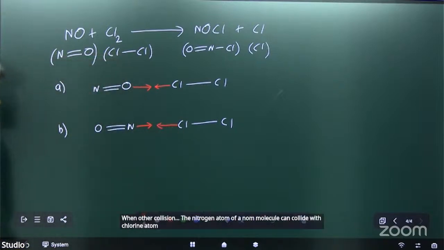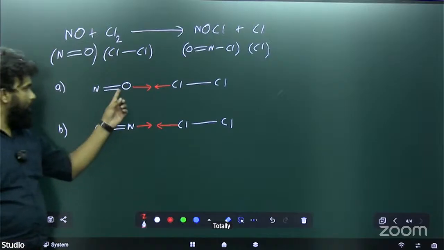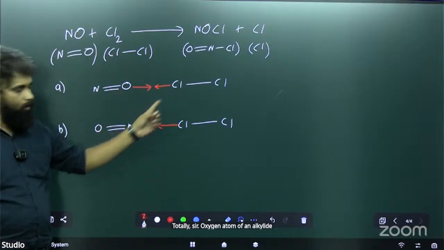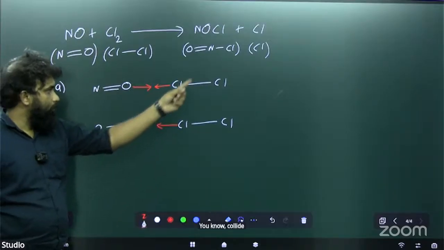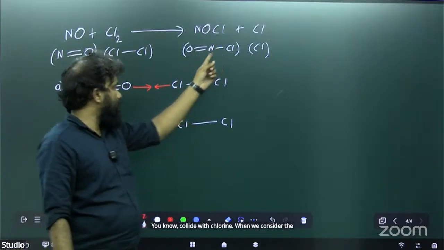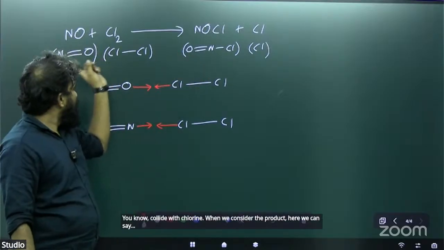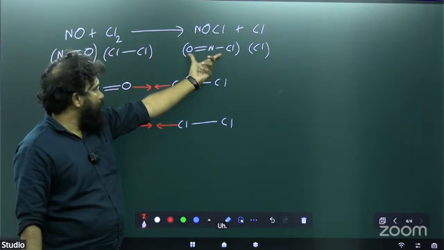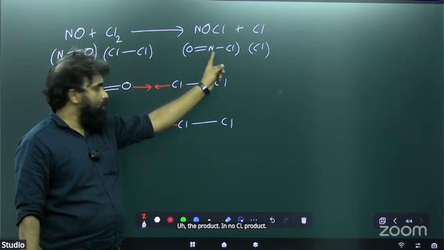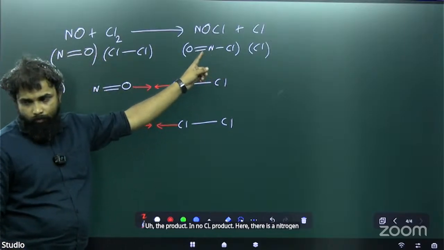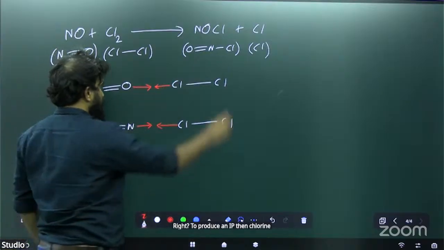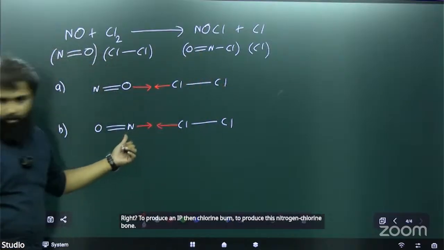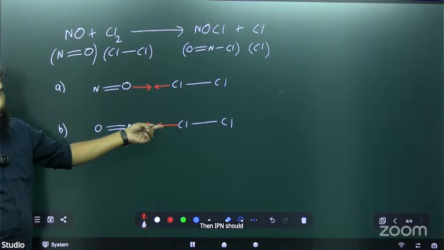These are the two main collisions. When we consider the NOCl product, there is a nitrogen-chlorine bond, right? To produce this nitrogen-chlorine bond, the nitrogen should collide with chlorine, not oxygen.